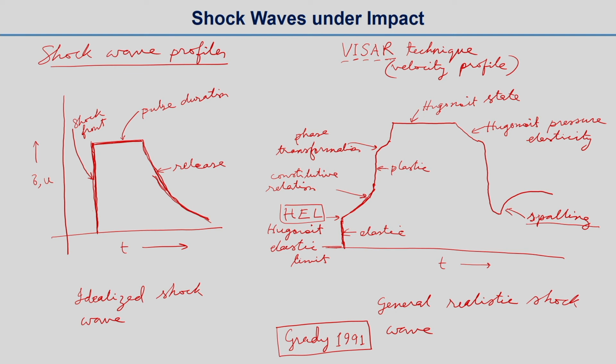And just to let you know what VISAR is, I already told you: the velocity interferometer system for any reflector, based on laser interferometry. That means it is based on the interference fringes that appear when different laser beams interact. We can discuss that later.